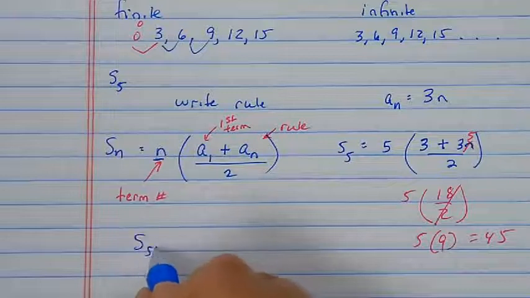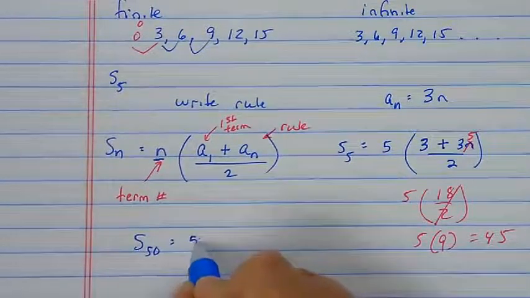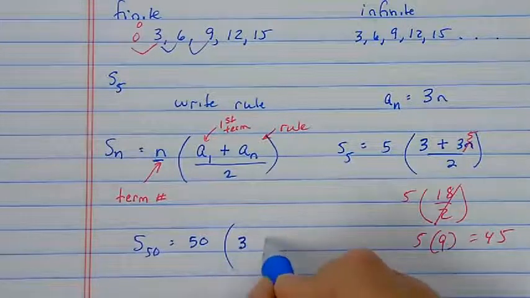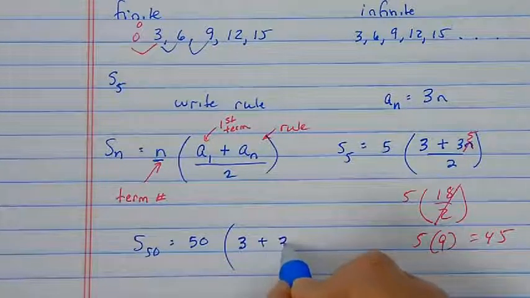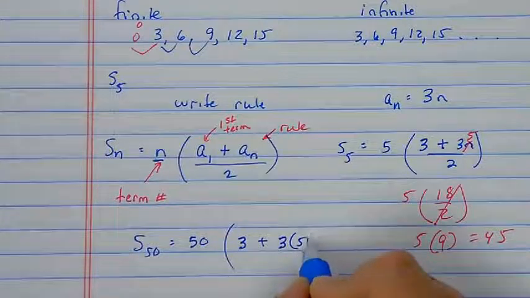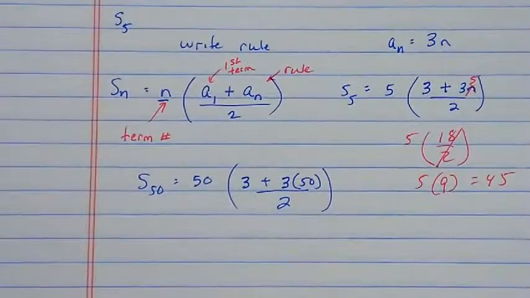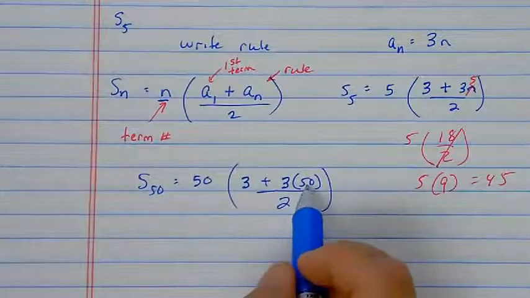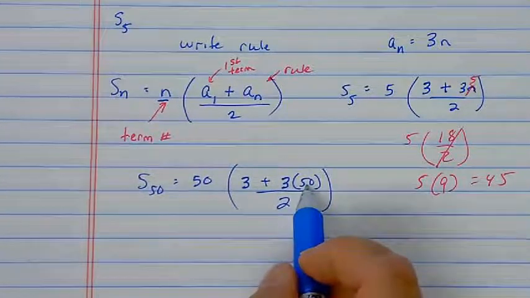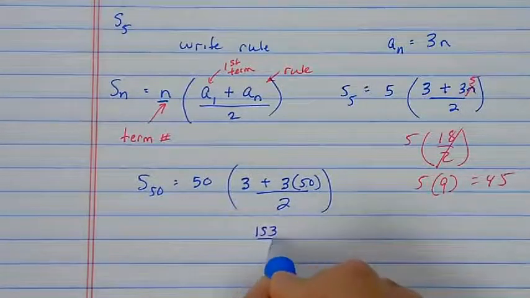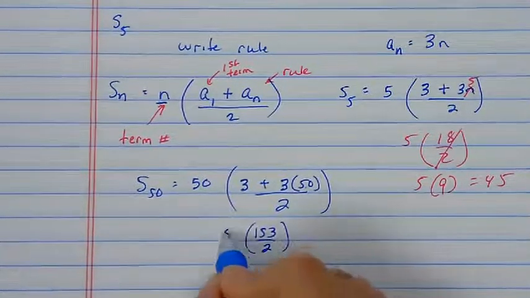Then I would put 50, and then the first term, which is 3, plus the rule, which is 3n, and we would put a 50 here, divided by 2. So 3 times 50 is 150, plus 3 is 153, divided by 2, times 50.